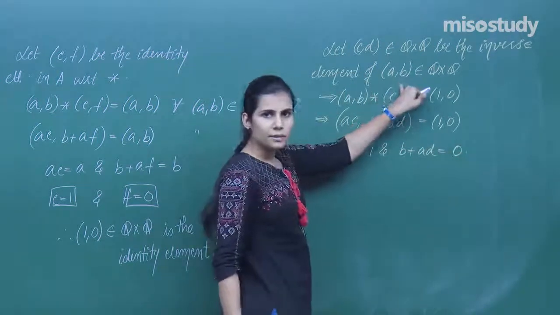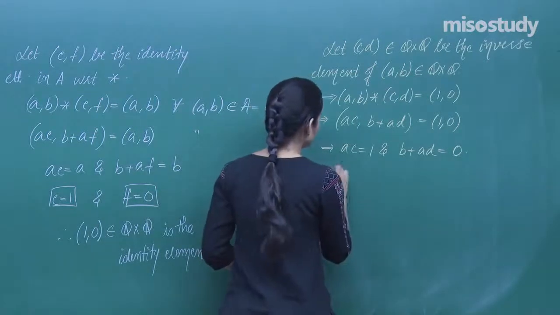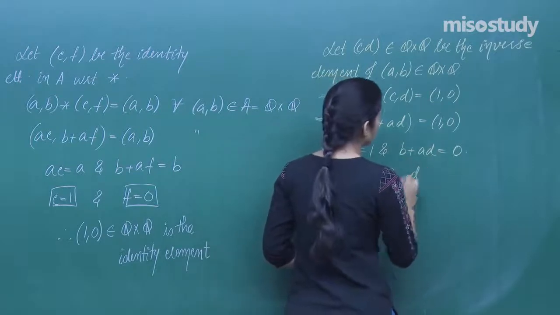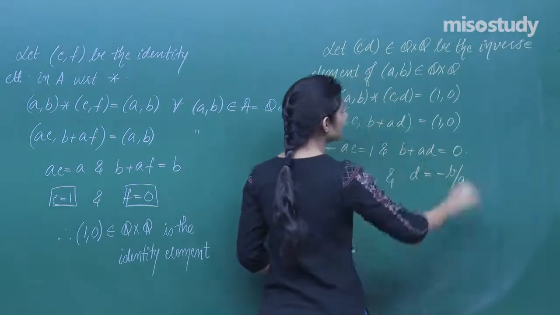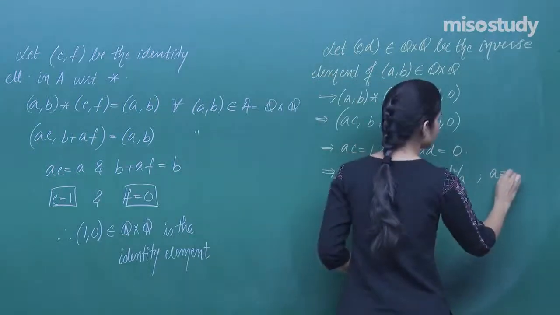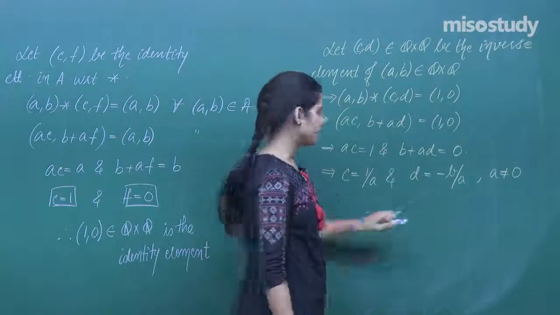A and B you are aware about, you are saying (C, D) is the inverse of (A, B). So if (C, D) is the inverse of (A, B), C will be 1 by A and D will be what? Minus B by A, because AD is equal to minus B, so D is minus B by A. Is it clear? A has to be not equal to 0 clearly, otherwise this will not be defined.